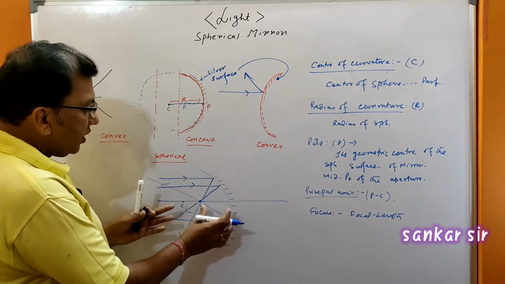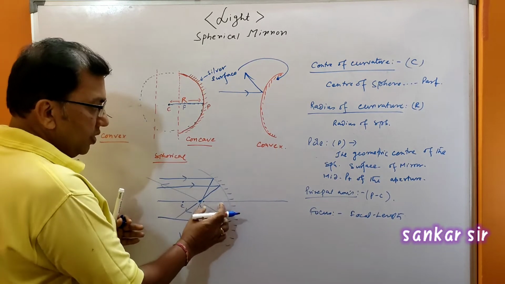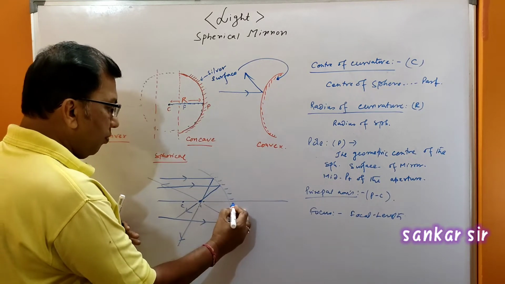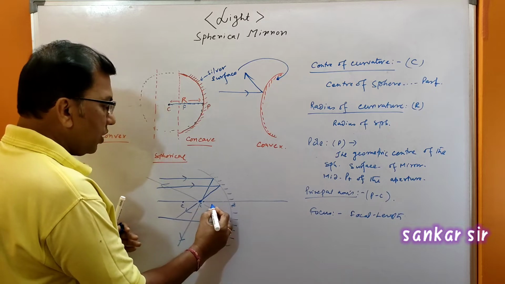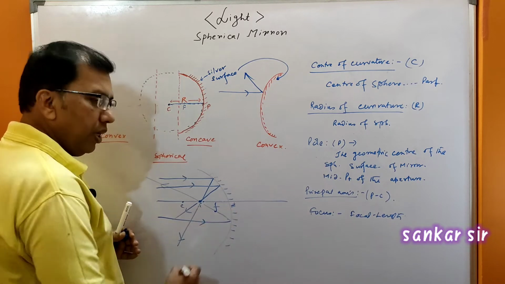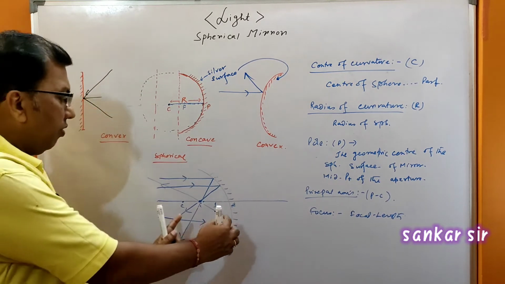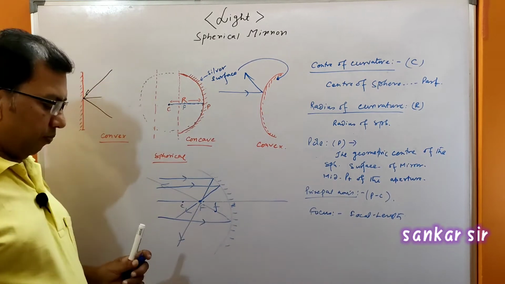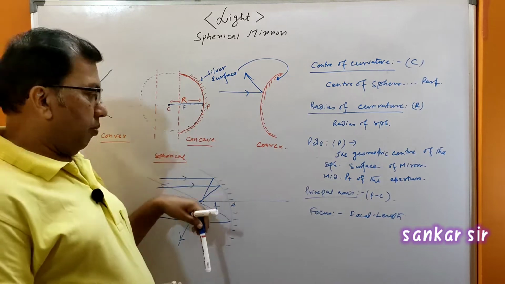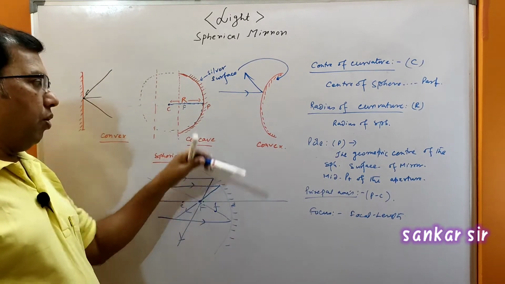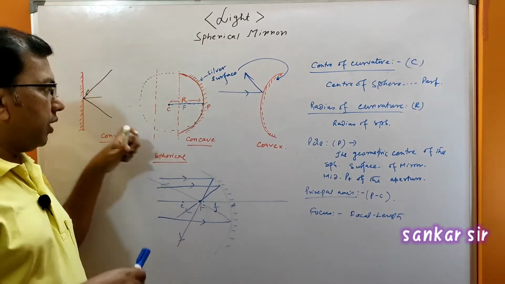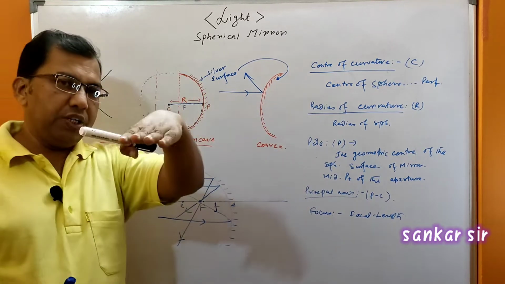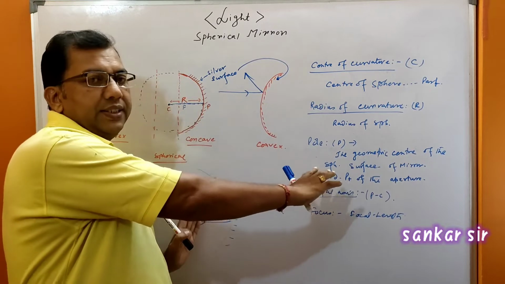The distance between P and F, between this and this, is known as the focal length, which is denoted by F. This is the focal length, P to F. That means in the case of concave or convex mirrors, rays parallel to the principal axis pass through a point on the principal axis.